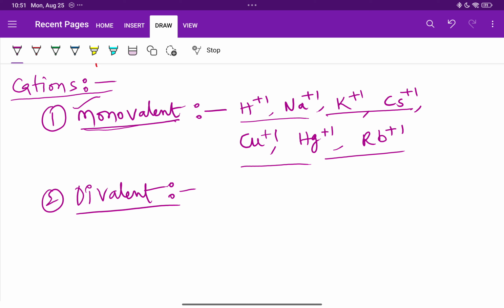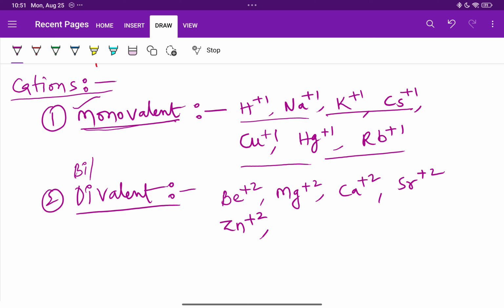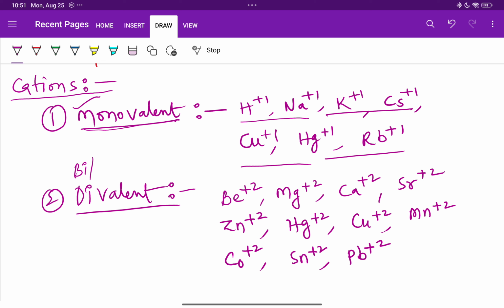So divalent or bivalent cation examples are Be+2, Mg+2, Ca+2, Sr+2, Zn+2, Hg+2, Cu+2, Mn+2, Co+2, Sn+2, Pb+2. So these all examples belong to divalent or bivalent cations.